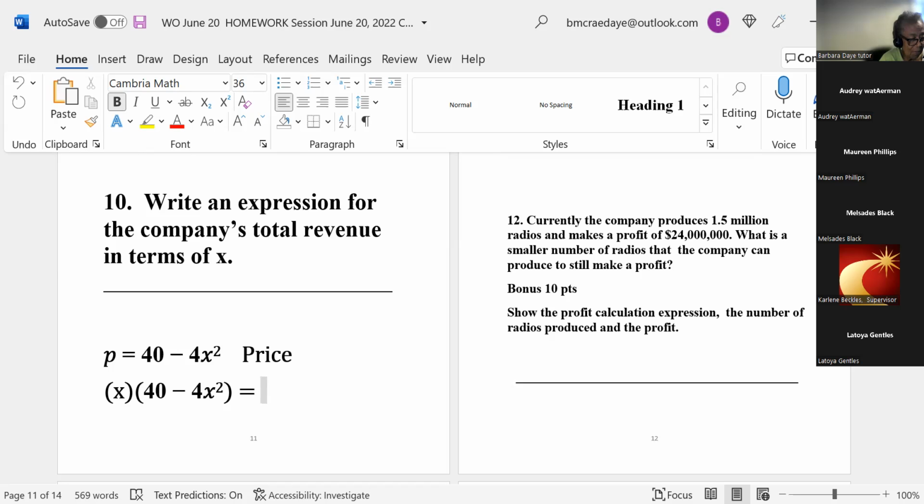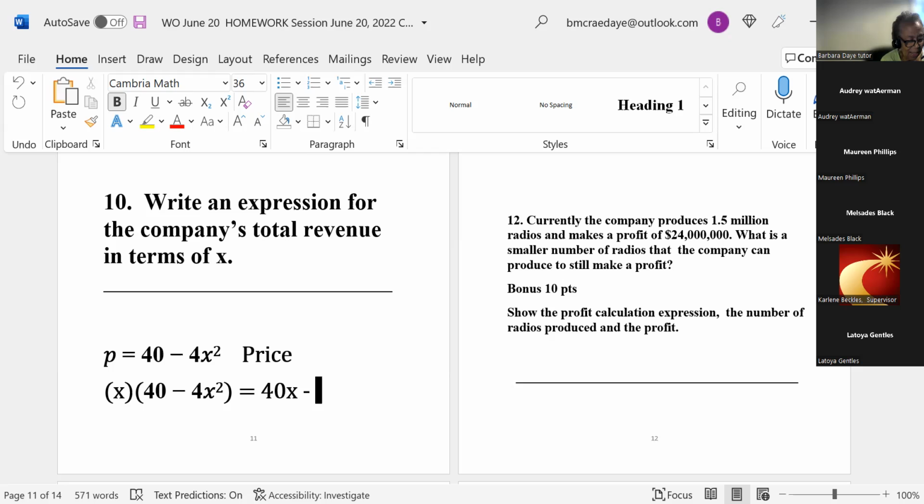40x, that's good, 40x. Now multiply x times minus 4x to the second. What is that? Multiply, add your exponents, Maureen. x times minus 4x to the second.